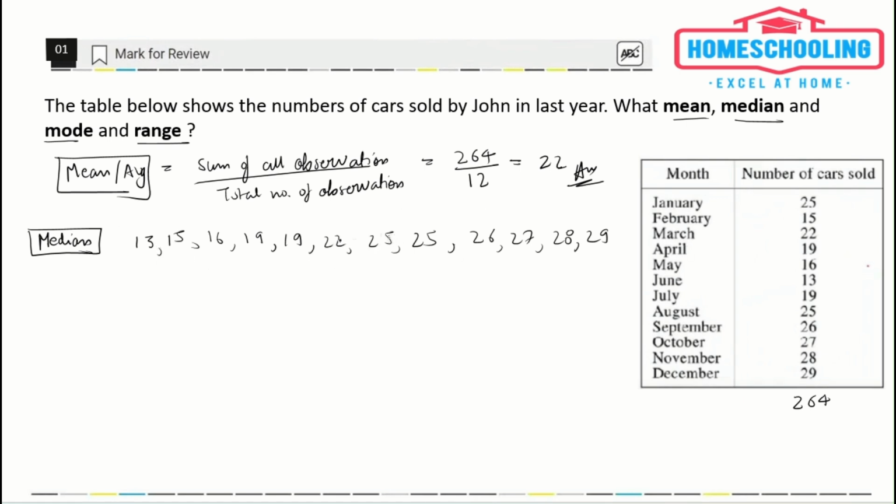What we're going to do here is find the two numbers that are in the middle. So as we can see, we can find these two numbers in the middle. So what is going to be our median? The median is going to be the average of these two numbers in the middle, because the total numbers are even.